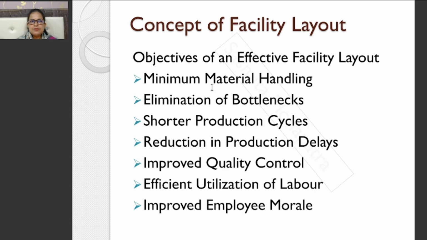When there is a shrink or a surge in between the flow of capacity, that is called the bottleneck. So bottlenecks, hurdles, and obstacles can be handled when we have a good layout structure.